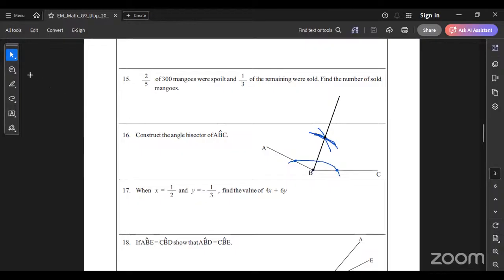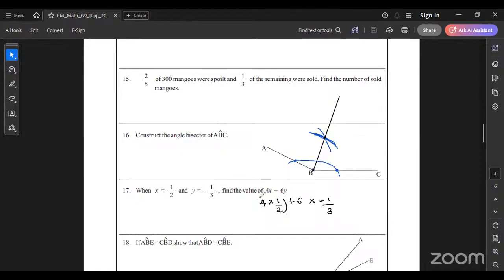Question number 17 is the substituting part. 4x plus 6y. 4 times x. What is x? Half. Plus 6 times y. Y is minus 1 over 3. Then what can I do?